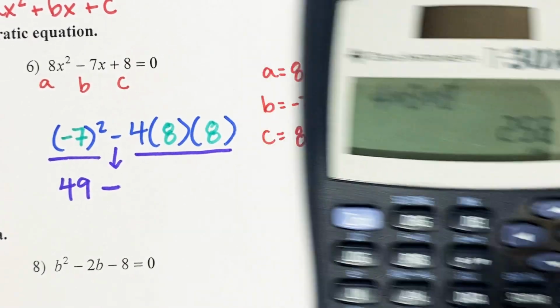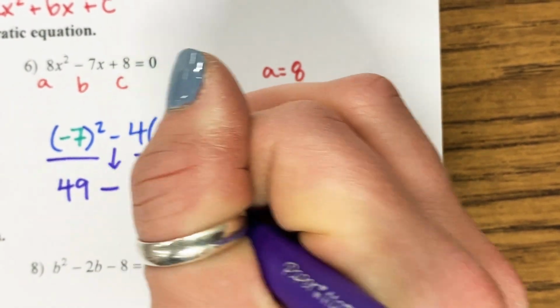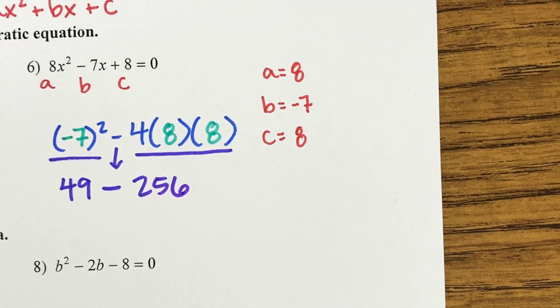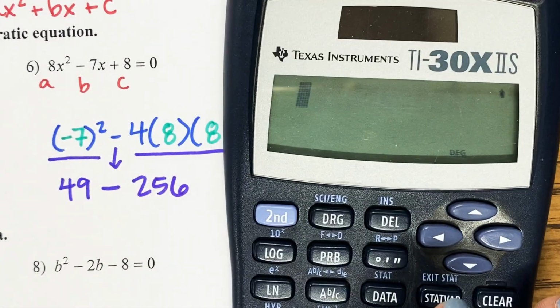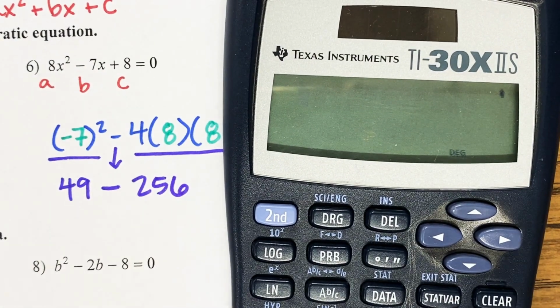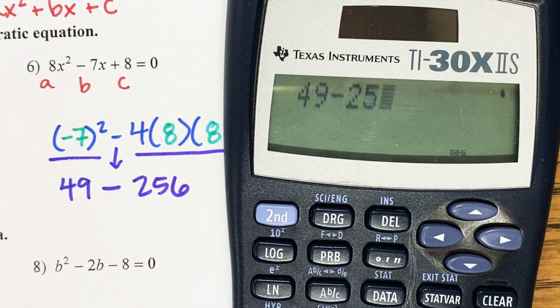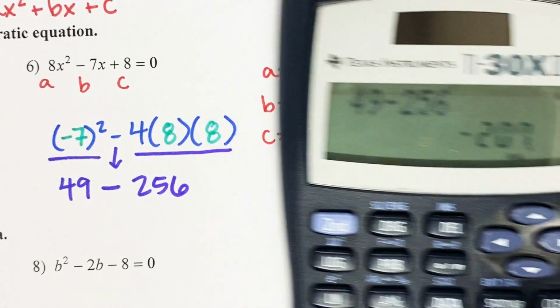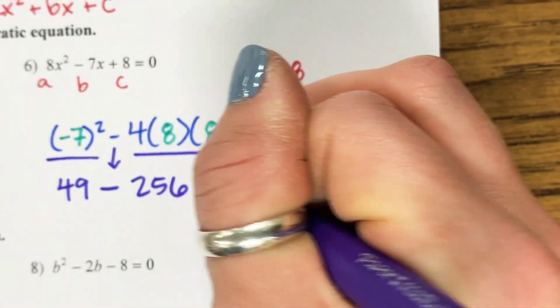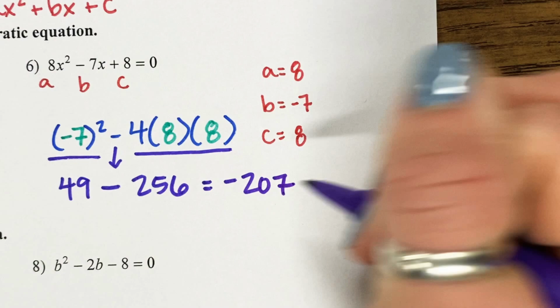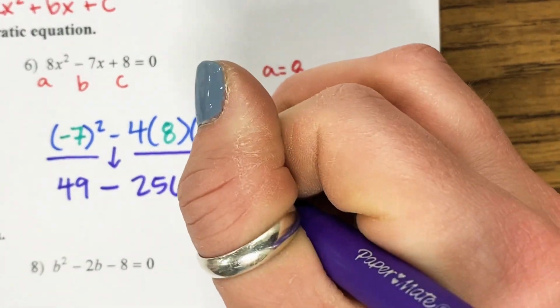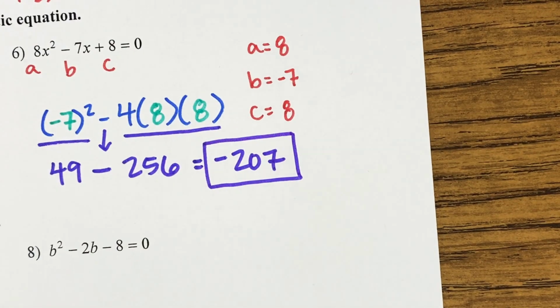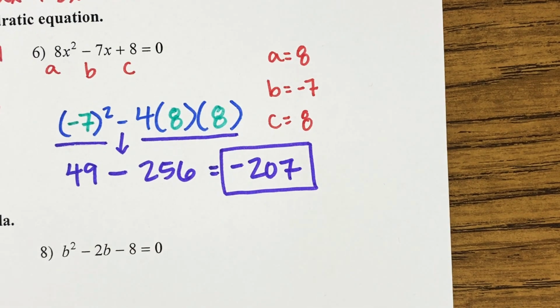That's going to give me 256. Now in my calculator, I can do 49 minus 256, which is going to give me negative 207. And there is my value for my discriminant. Great job.